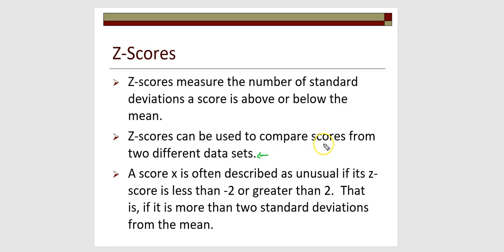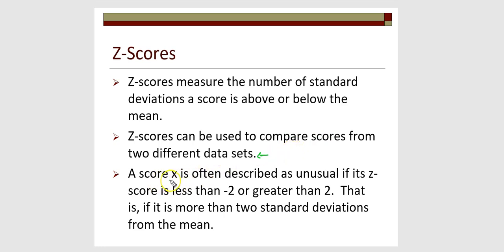Say we have two people who scored 85, one in each class. We may want to know which person did better relative to their particular class. Well, we could use a z-score to do that, as we'll see.